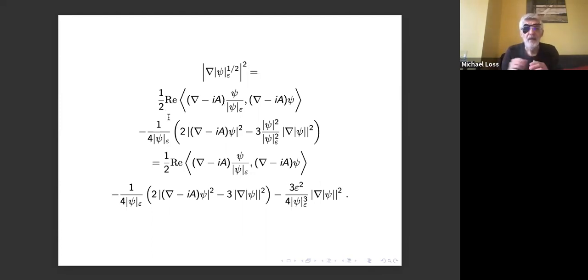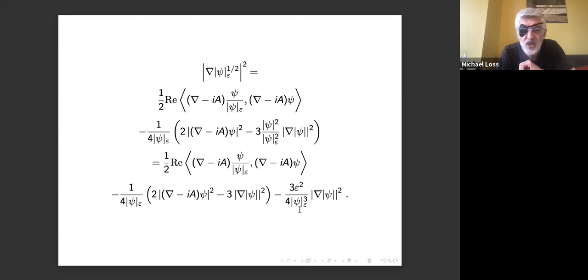Okay. And now you see what we do. Remember, the psi modulus epsilon is just the modulus of psi squared plus epsilon squared, square-rooted. So you really arrange this gadget here in the following way. You write it as this 1/2 thing here, minus 1/4 psi epsilon, this term here. There's no epsilon anymore.